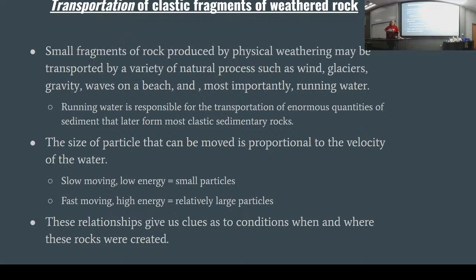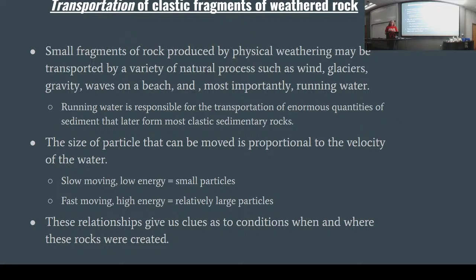We see a lot of that in Alabama. Something I want to touch on with the glacier, just to throw it out there, is that glacial till is a word we love to use in geology. Running water is responsible for the transportation of the enormous quantities of sediment that later forms most clastic sedimentary rocks. We'll jump into that a little more.